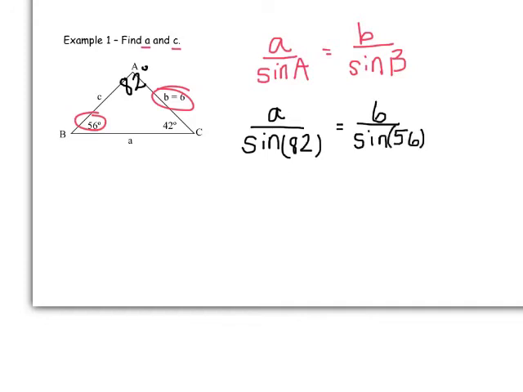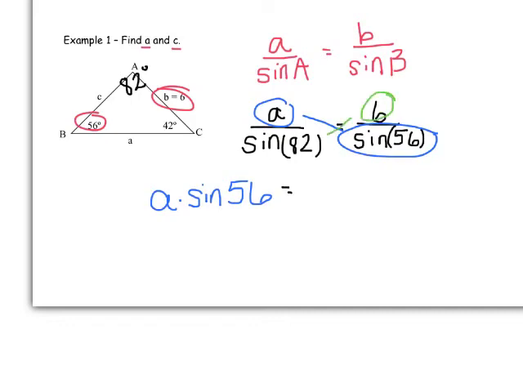Okay, and from here it is just cross multiplication. So I'm going to do a times sine 56 equals, and so cross multiply, 6 times sine 82.